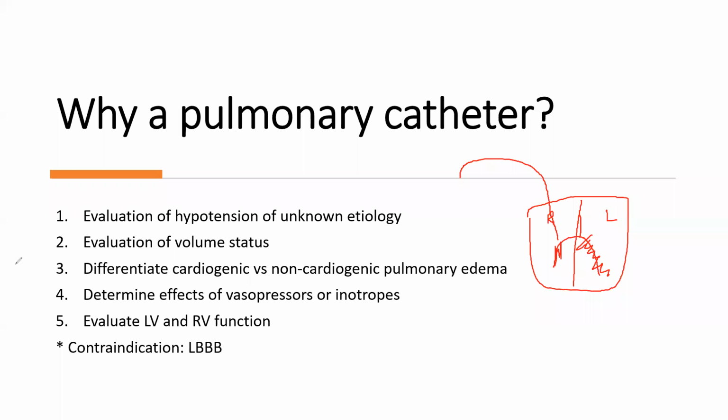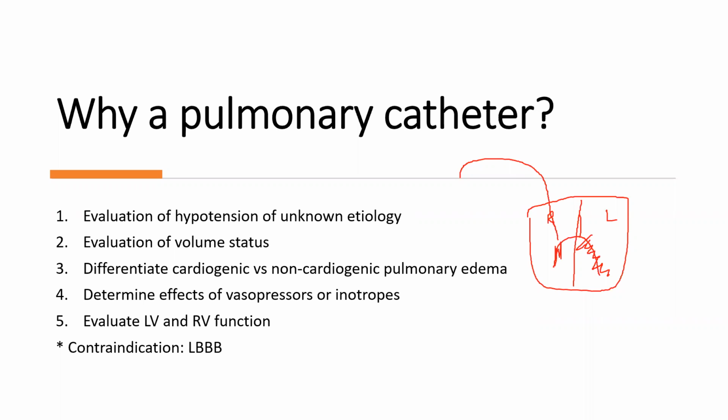So at the outset, I wanted to emphasize that there is a possibility that there's going to be damage to the right bundle during the insertion of a pulmonary artery catheter, and therefore the contraindication for the insertion of a pulmonary artery catheter is the presence of a left bundle branch block.